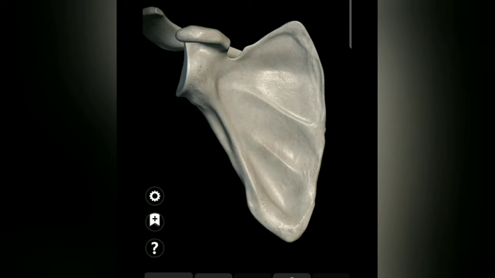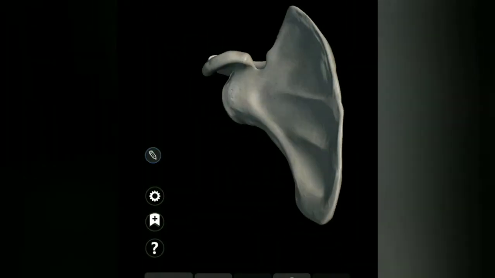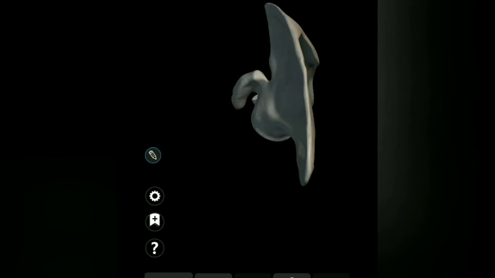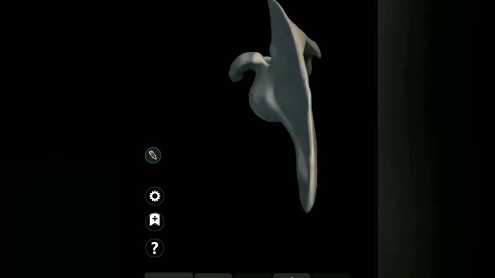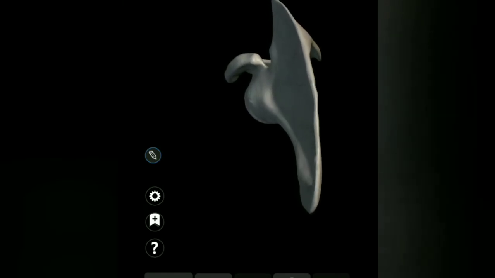Okay, now coming to the lateral border, which is the thickest. See this one. It is the thickest of all. At the upper end, it presents the infraglenoid tubercle.